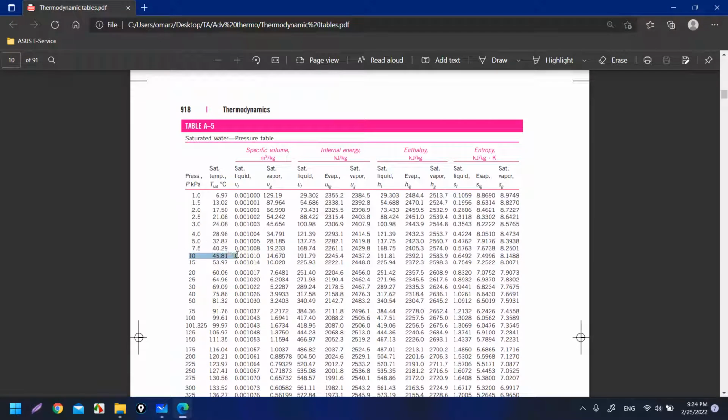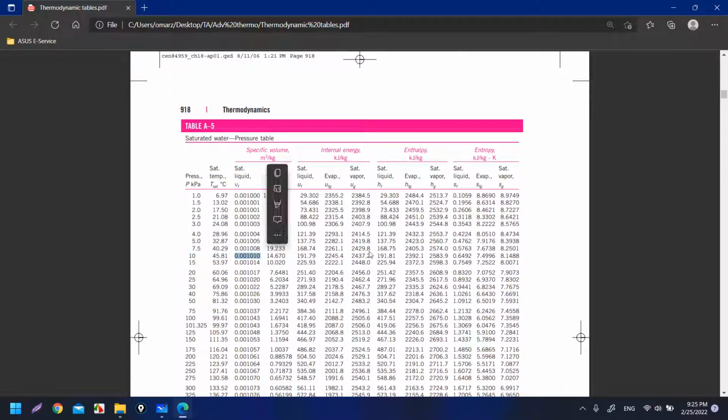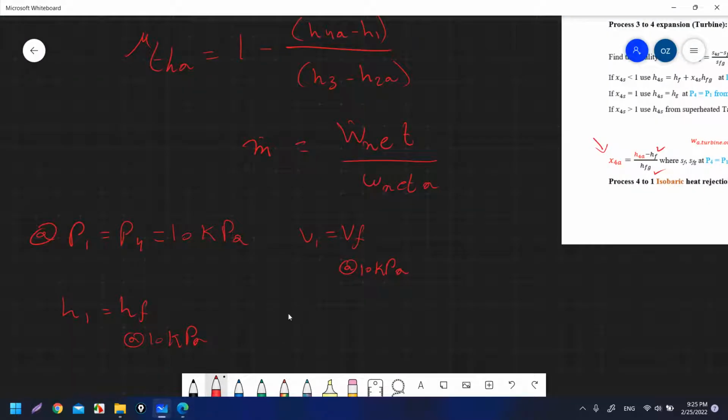At 10 kilopascal, we want to calculate V1, which is equal to Vf, and H1, which is equal to Hf. So H1 equals Hf, which is 191.81 kilojoule per kilogram, and V1 equals Vf, which is 0.001010 meter cubed per kilogram.